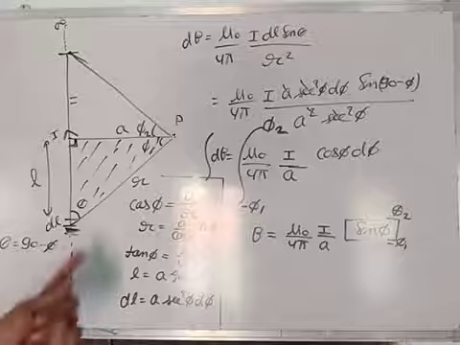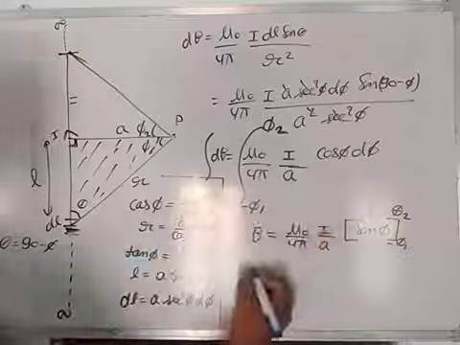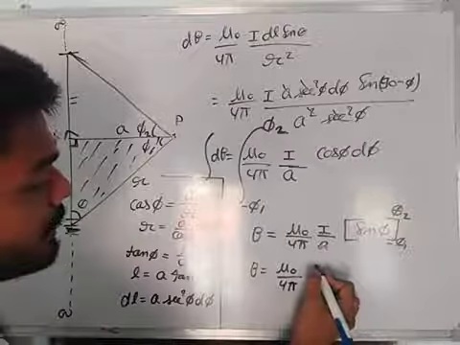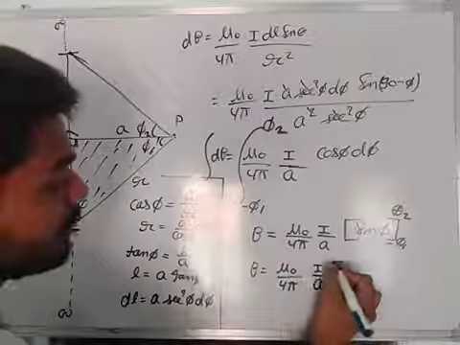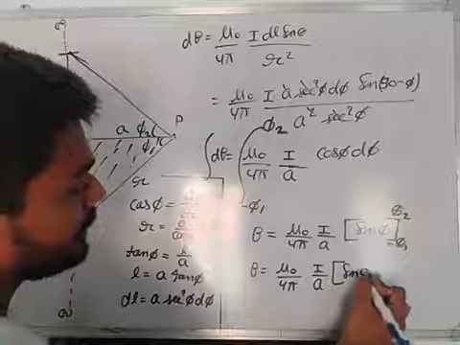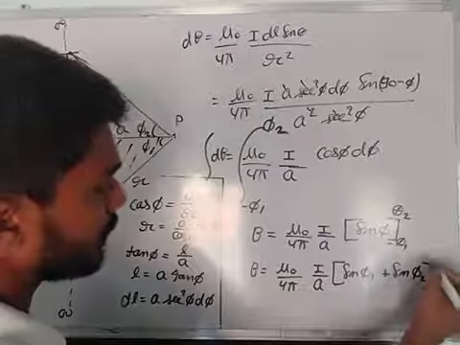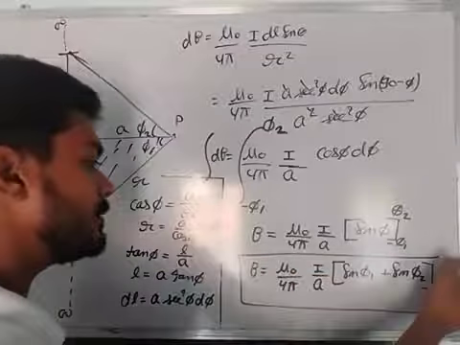Now put in the upper limit and lower limit: sin φ₂ minus sin(−φ₁), so B = μ₀/4π · I/a (sin φ₁ + sin φ₂). Students, this result is very important.